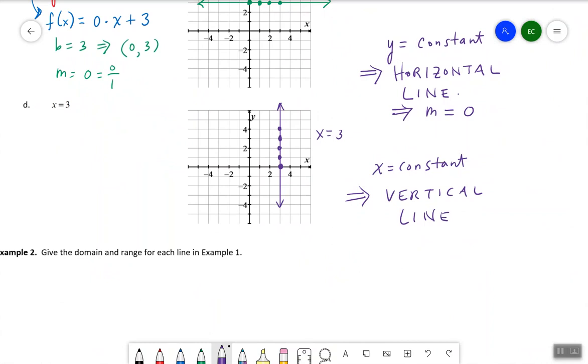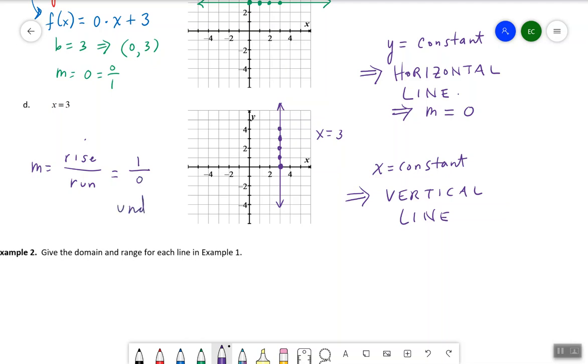Well, if we say slope is rise over run, you could pick any 2 points on this vertical line. Let's just pick 3, 0 and 3, 1. Well, how far did we go up? We went up 1, so that's the rise. And the run is the horizontal change, that's 0.